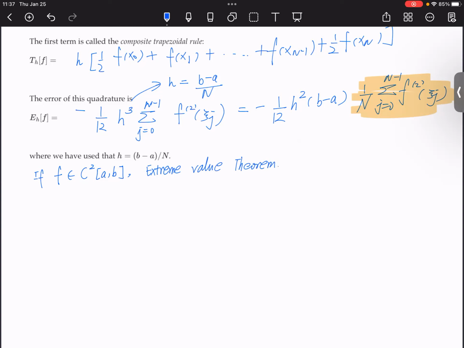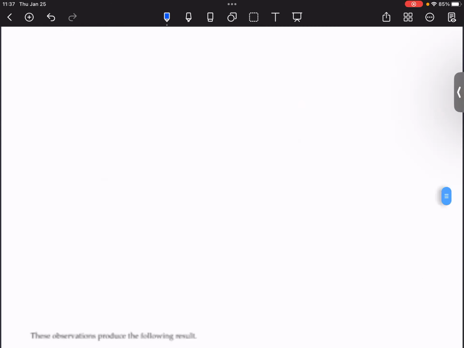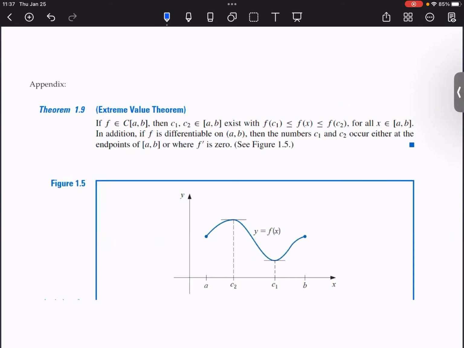In case you forgot what the extreme value theorem is, I have some notes in the appendix here. The extreme value theorem says that if a function is continuous, then we will have a maximum point and a minimum point inside the interval. It also states where the maximum or minimum point is located: it could be at the endpoints, or at the critical points.